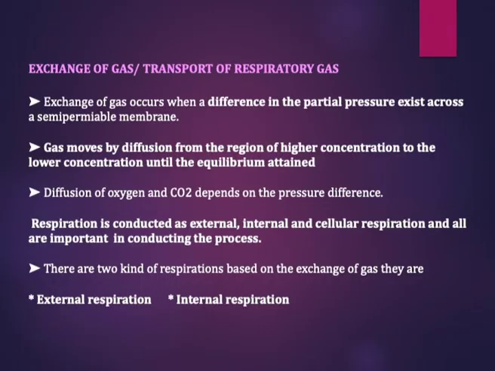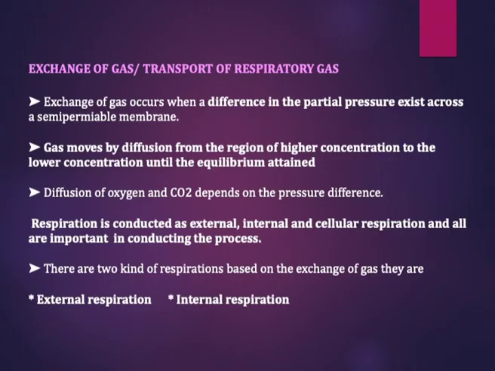So, as a continuation to inspiration and expiration, the exchange of gases needs to take place. This involves different steps. Based on the concentration gradient, the exchange of gases takes place. The exchange of gas occurs when a difference in partial pressure exists across a semi-permeable membrane.